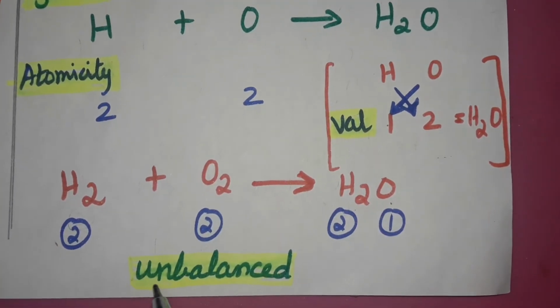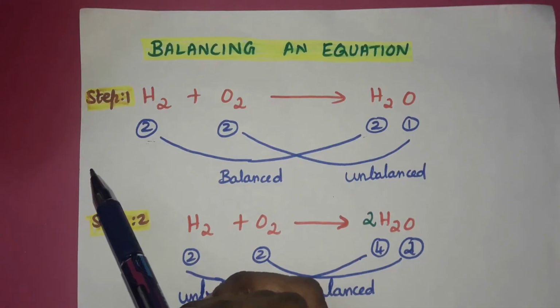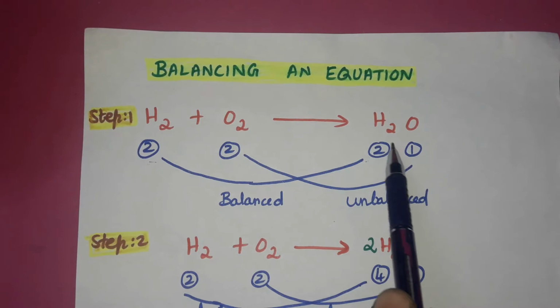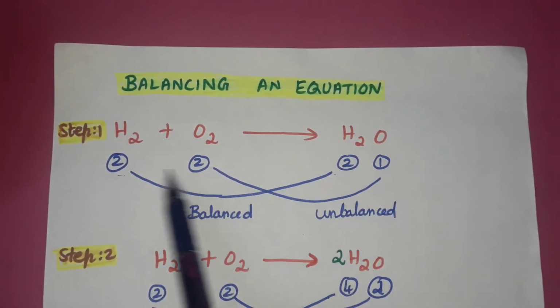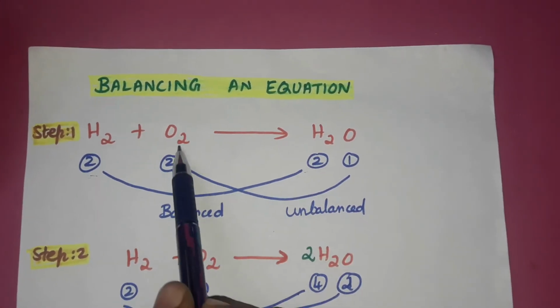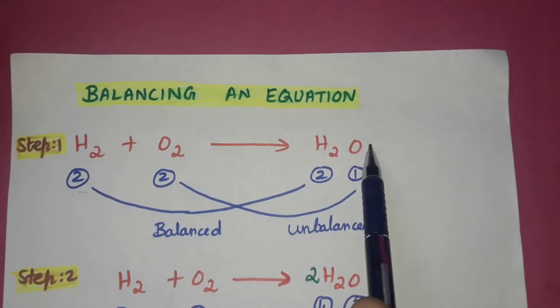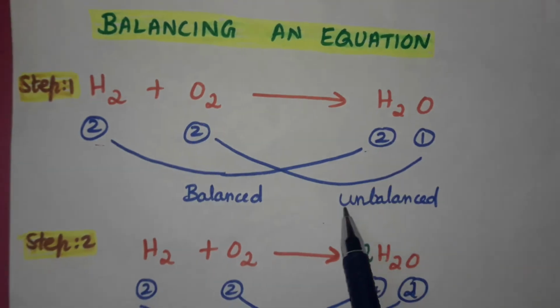Let us learn how to balance this equation. Here, the number of atoms of hydrogen on the left hand side and the right hand side are balanced. But the number of atoms of oxygen on the left hand side and the right hand side are unbalanced.